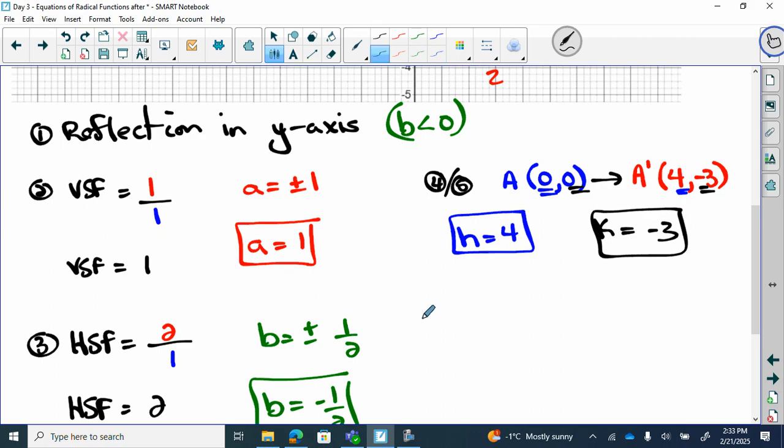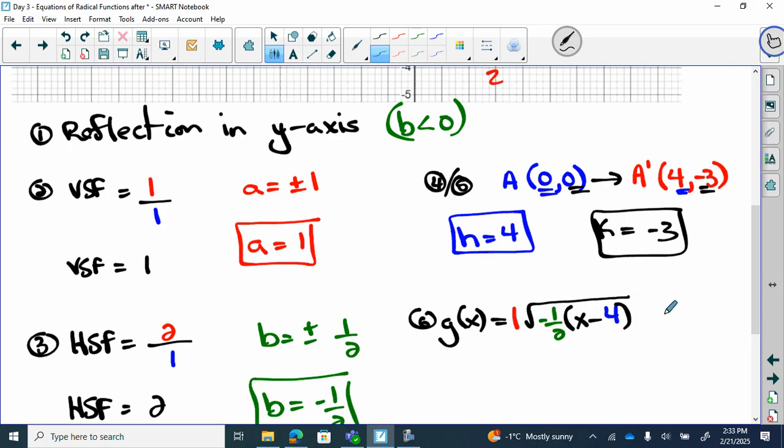My equation for G at X, step 6. I fill in my A value, 1. I write a square root. I fill in my B value, negative 1/2. X minus 4 in a bracket.